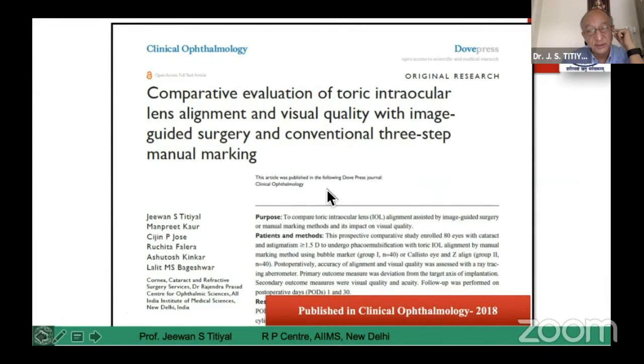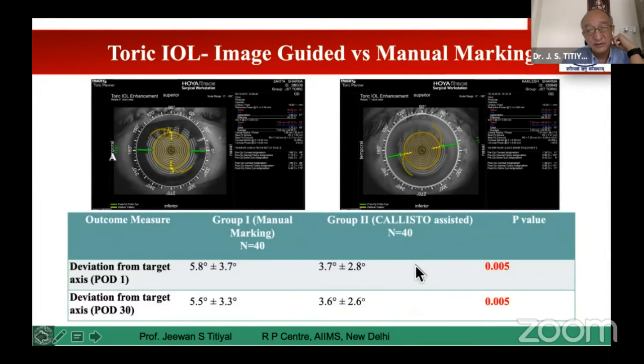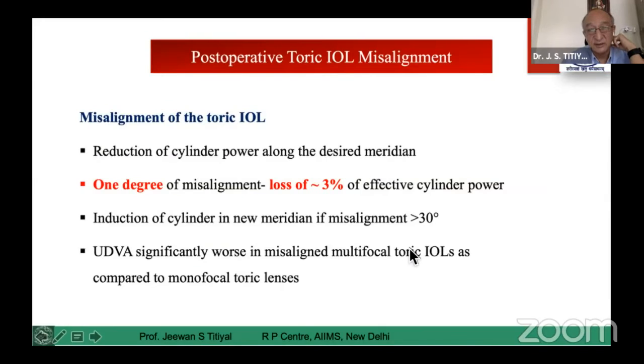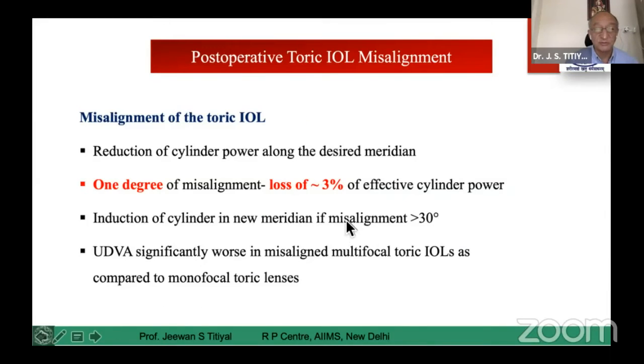This is one of the few studies, maybe the first study, where EyeTrace was used to look into quality of vision after toric IOLs, comparing digital versus manual. And we found that the quality of vision is much better with the digital in terms of MTF values and Strehl ratio value in these cases. EyeTrace was used for this study to look into quality of vision.